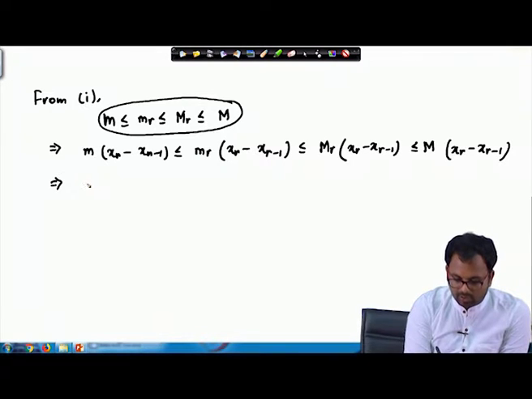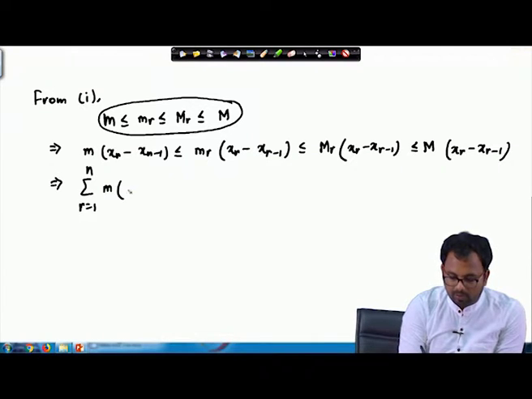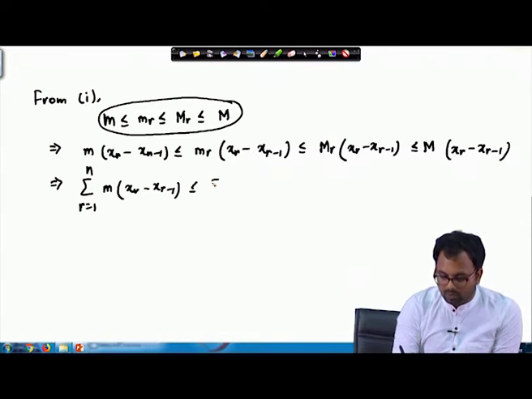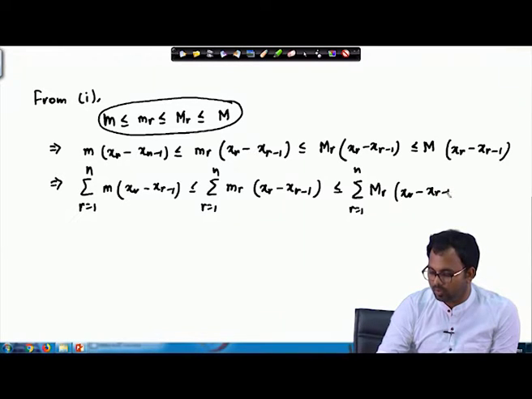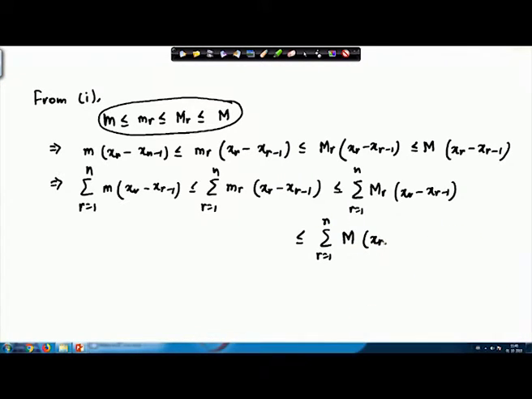So if I take summation on both sides, this will be the summation, r running from 1 to n, of small m times (xr minus x(r-1)), which is less than or equal to the summation of small mr times (xr minus x(r-1)), which is less than or equal to the summation of capital Mr times (xr minus x(r-1)), which is less than or equal to the summation of capital M times (xr minus x(r-1)).